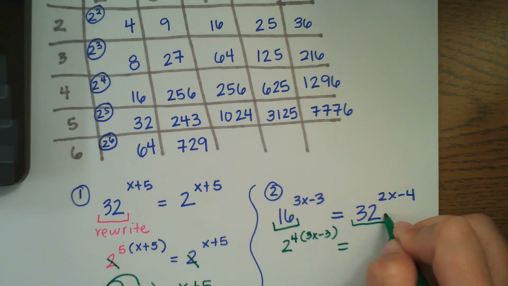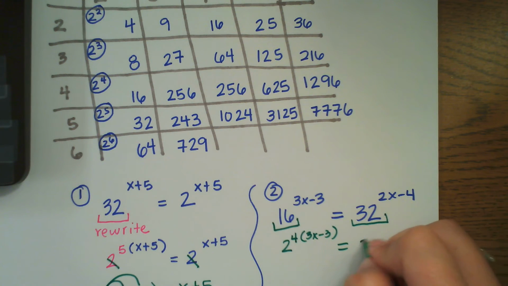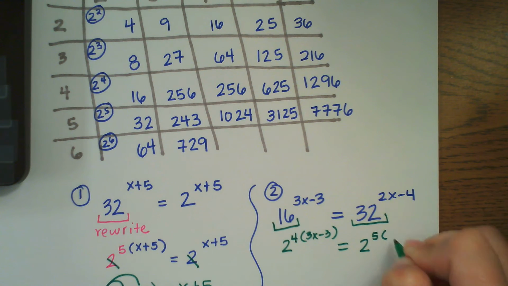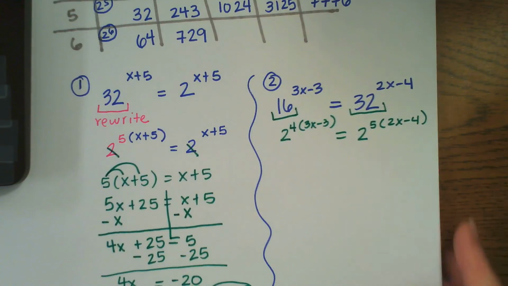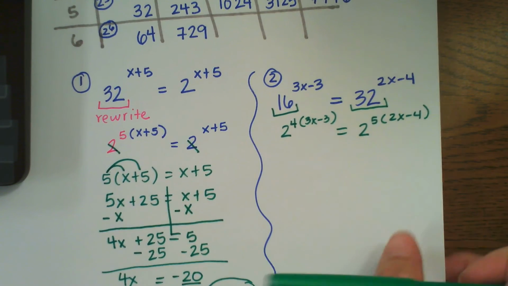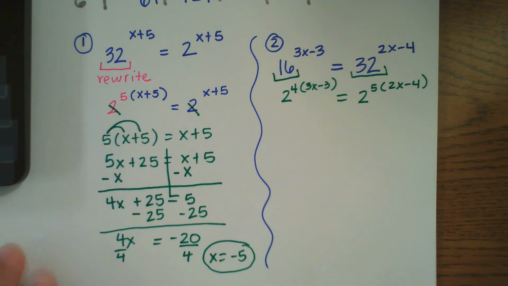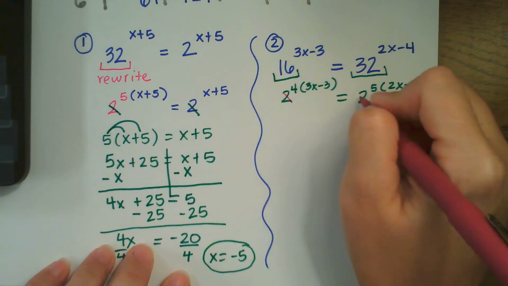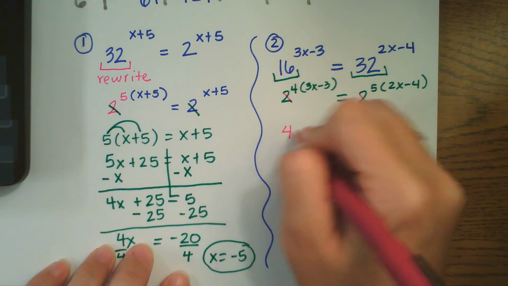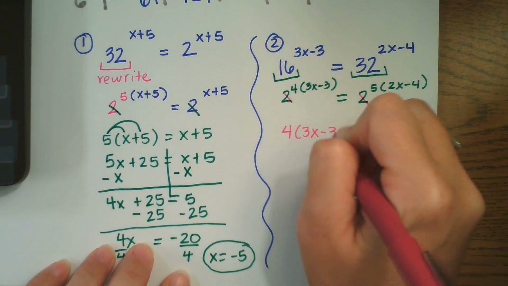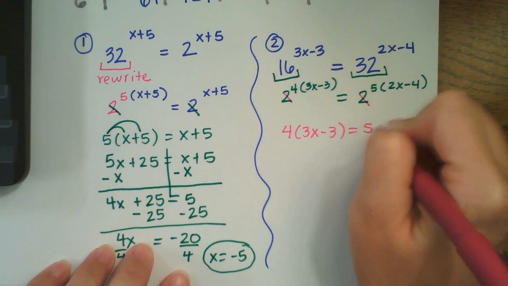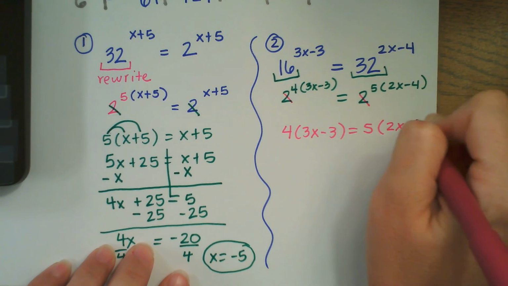And 32 is 2 to the 5th. Once those bases are the same, I can just set the exponents equal, and we'll be ready to solve the equation.